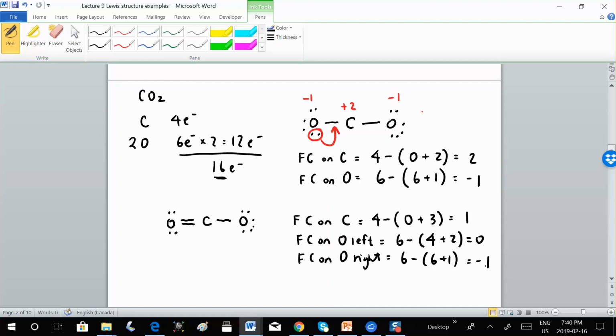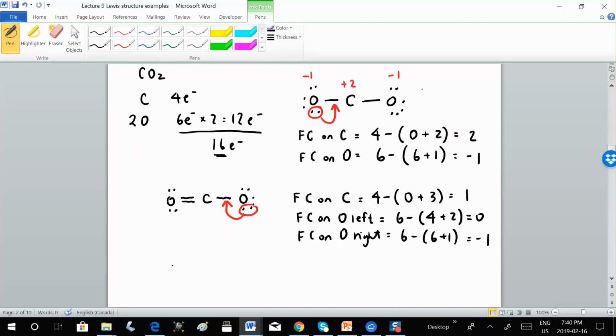Okay, so let's see if we can improve this by forming another double bond using a lone pair of electrons on oxygen. Okay, so let's calculate formal charge on the third attempt. We have 0 formal charge on carbon.